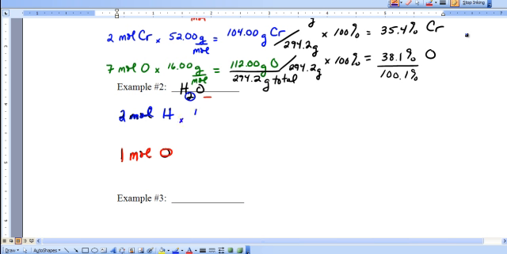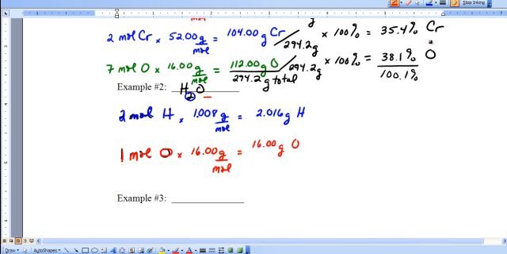So using the molar mass, hydrogen weighs 1.008 grams per mole, and so that gives us 2.016 grams of hydrogen in every mole of water. With the oxygen, oxygen weighs 16 grams per mole, and so therefore 1 mole of water is going to contain 16 grams of oxygen.